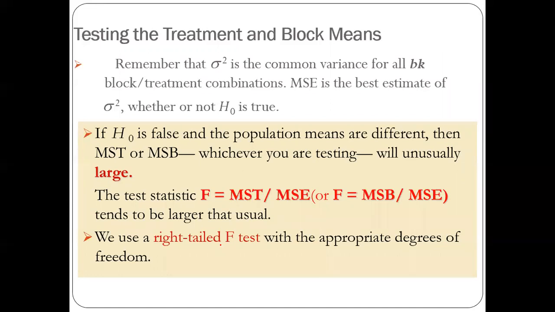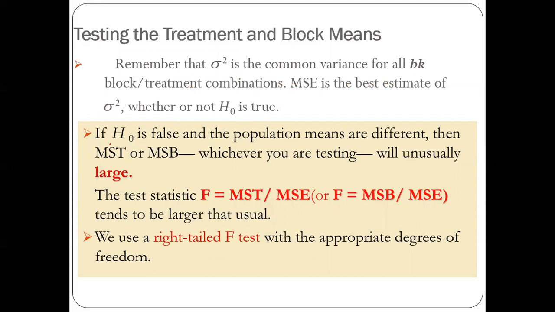When we test the treatment and block, remember also that the standard deviation is the common variance for all block and treatment combinations. So MSE is the best estimate of the variance, whether or not the null hypothesis is true.